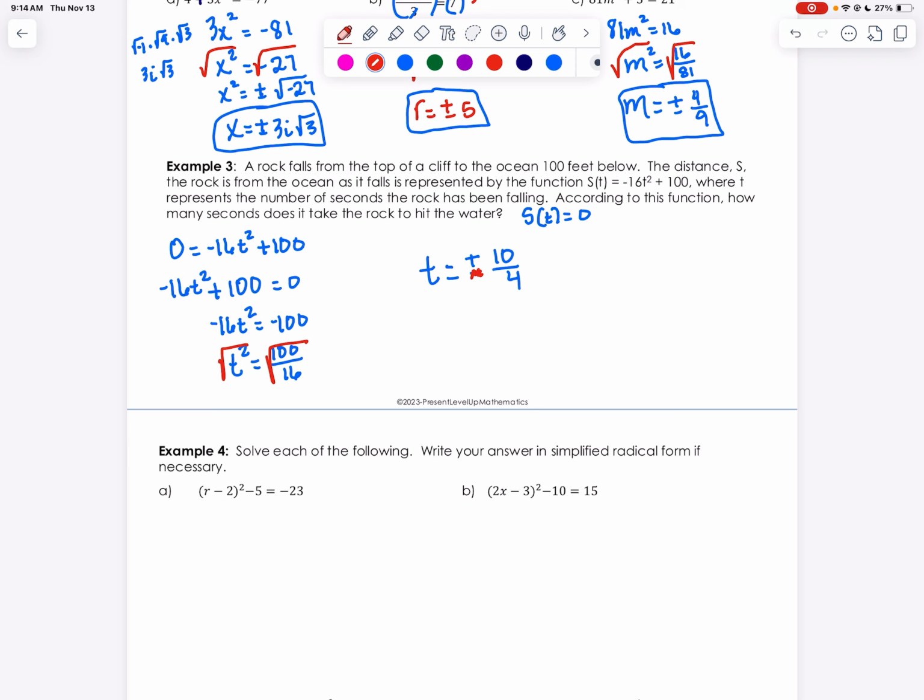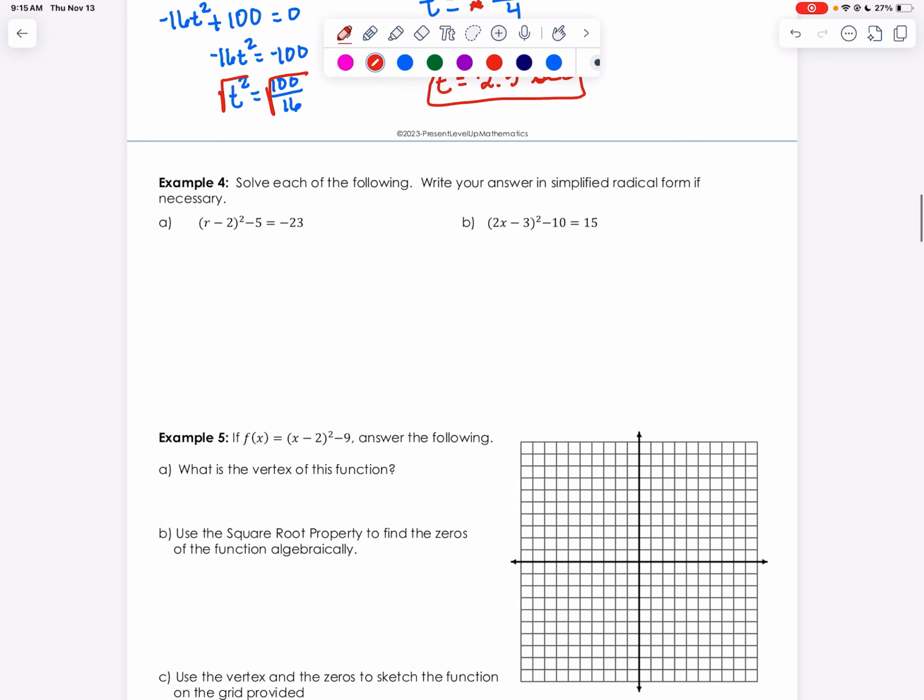And positive 10 over 4, when we're using time, we don't usually describe time with improper fractions. So 10 over 4 is the same thing as 5 over 2, which is the same thing as 2.5 seconds. So it will take 2.5 seconds for the rock to hit the ground.